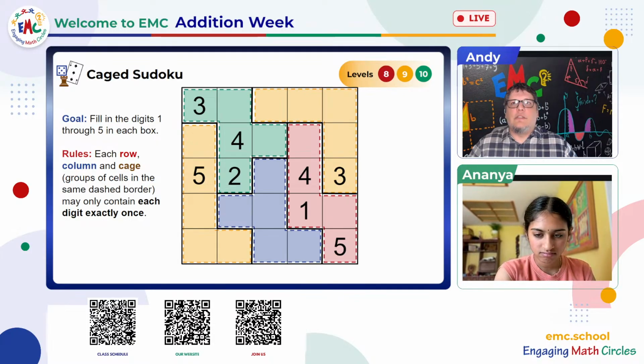As you're figuring things out, please explain to the audience where you got it from. For example, this row is only missing one number. We'll start there. A 1.